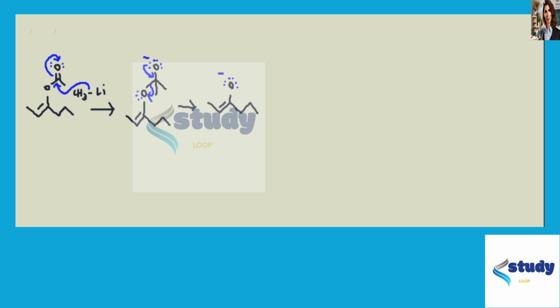All right. And we can draw a resonance structure that looks like this, based on this electron, or nope, drew it going the wrong way. Sorry.